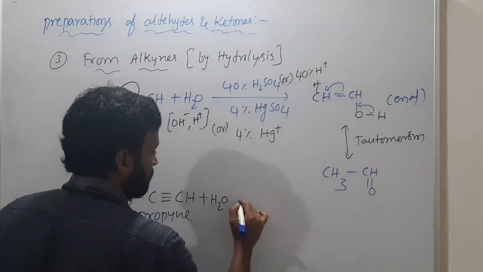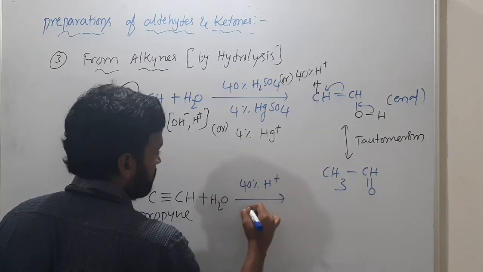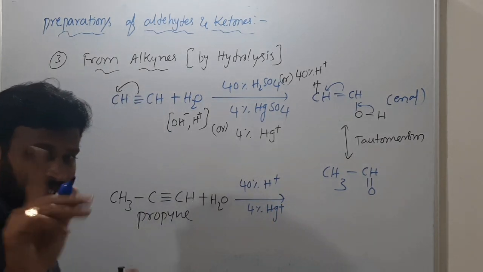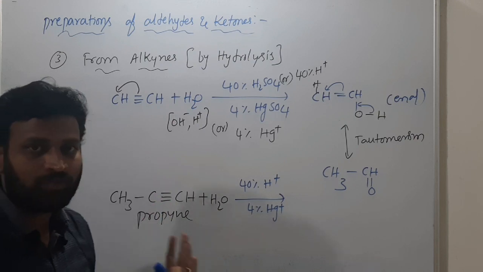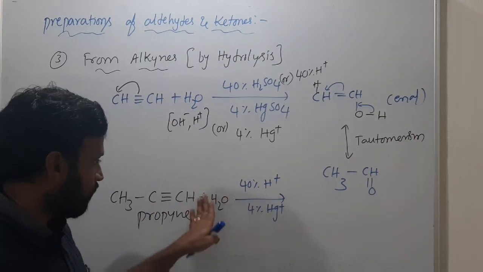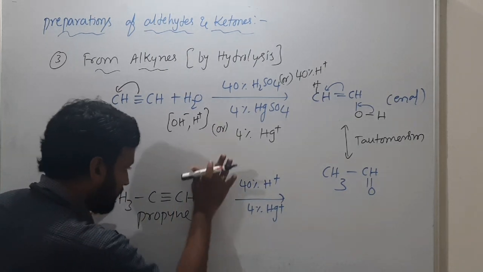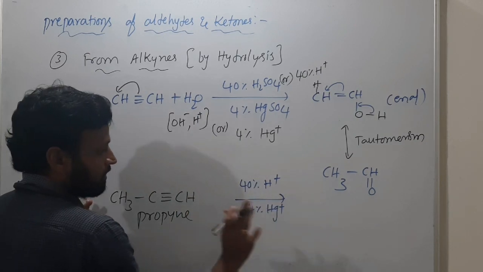Here same story: 40% H plus and 4% Hg plus given means addition of water. This also they won't give water, just for convenience I am giving. 40% means water is there. In the question, they won't give water for propyne actually. So they will give 40% H plus and 4% Hg plus.